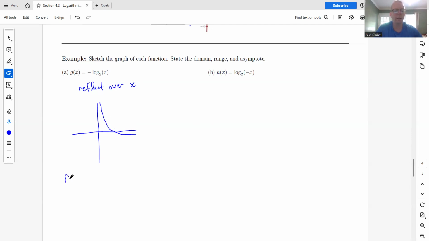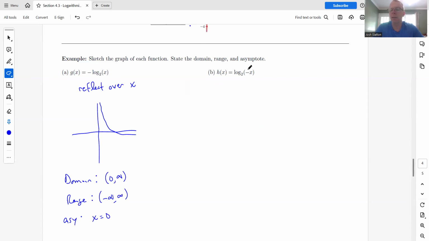And so then the domain is actually not going to change. That will be 0 to infinity. The range is not going to change. That will be all real numbers. And then the vertical asymptote will still be at x equals 0. So no shifts or anything. So we're not changing any of that.